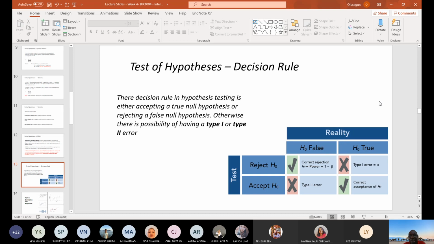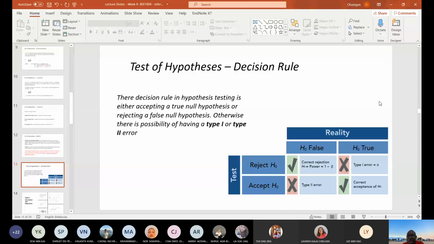But the best thing is that a hypothesis is stated, and if it is a true hypothesis, it is supposed to be accepted. When a study is conducted and a true hypothesis is accepted, while a false hypothesis is rejected, then we have a correct position, either correct rejection or correct acceptance.